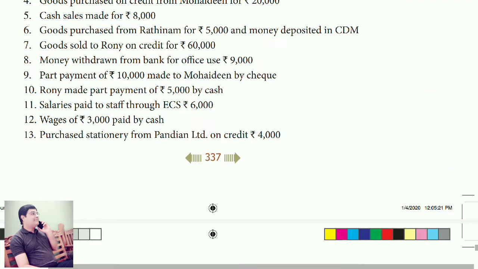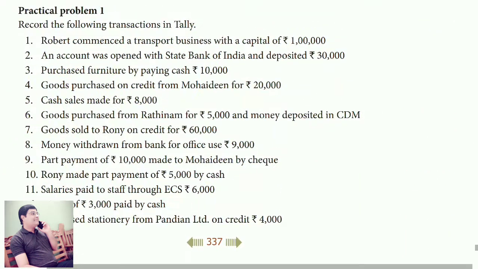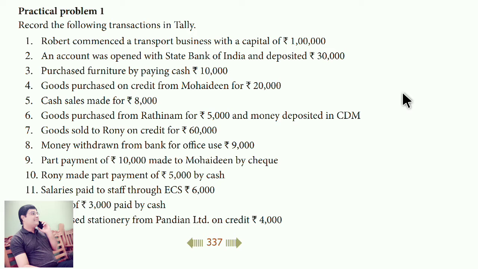Second question. Like we did in the 11th standard, we have to pass a journal entry first. An account was opened with the State Bank of India and the amount deposited. Now what is the journal entry?